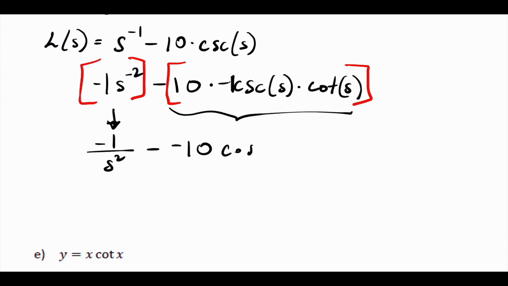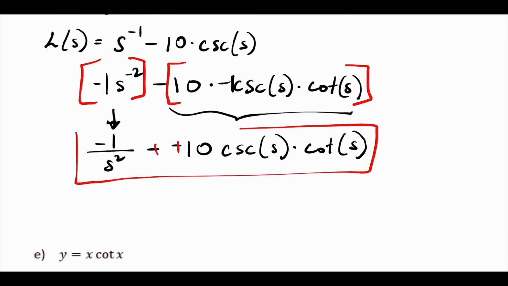And then I have cosecant, not cosine, cosecant of s times cotangent of s. Negative times a negative makes a positive. There you go.